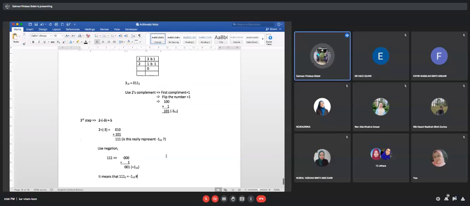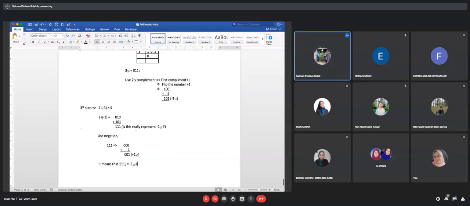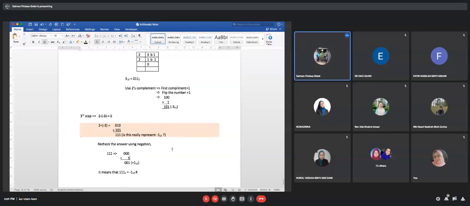So this is the answer that we want. Actually, this part is only to recheck the answer using negation. See? So this is the answer that we want.